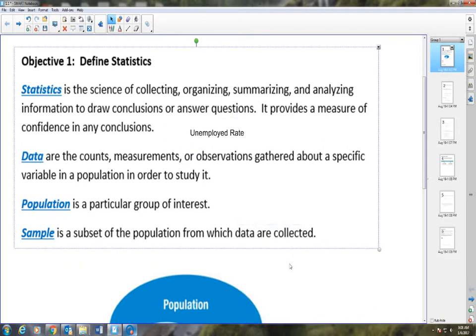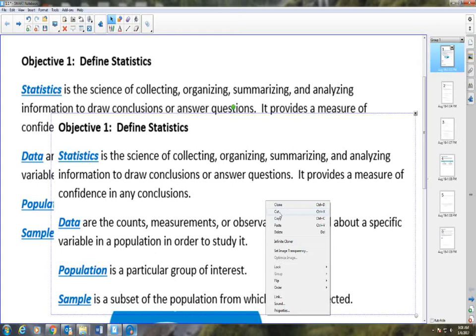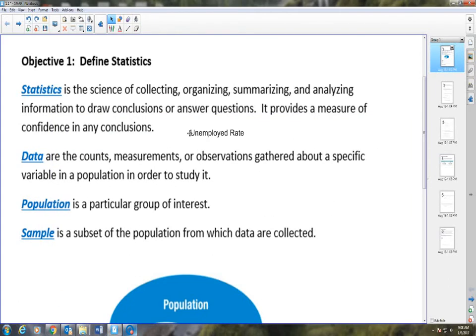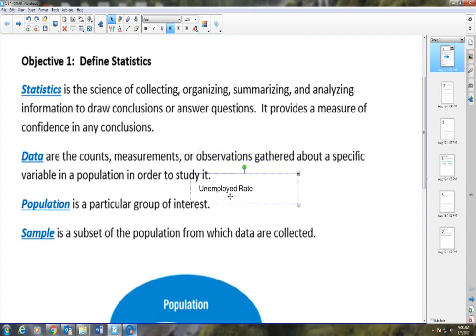Well, let me say it correctly. Oops, sorry about that. Let's undo that. Maybe something like the median household income in the United States.